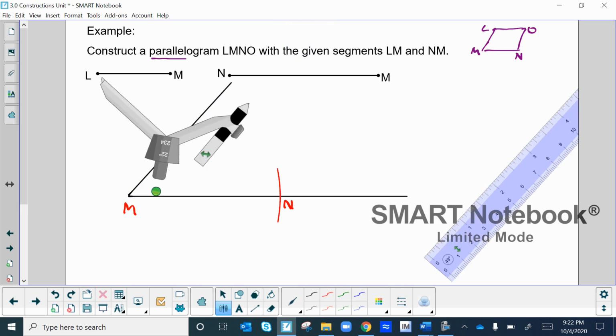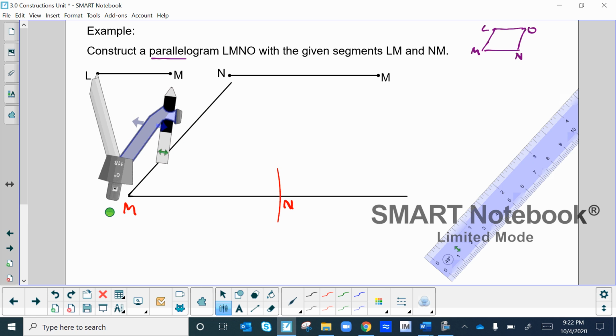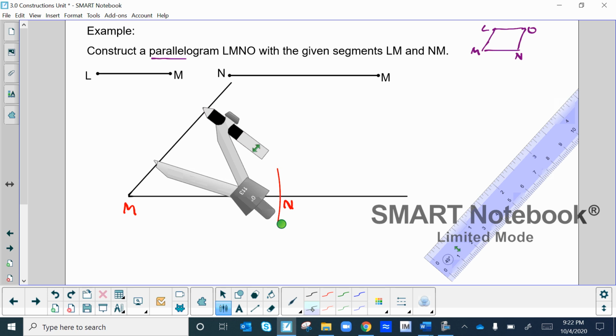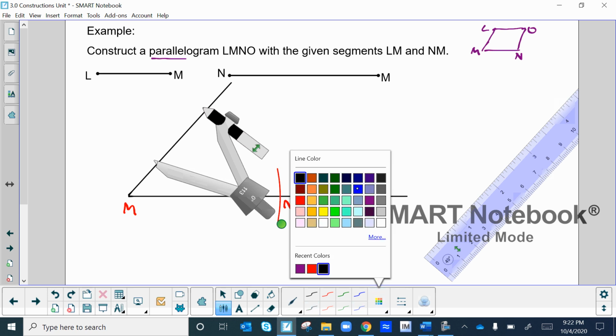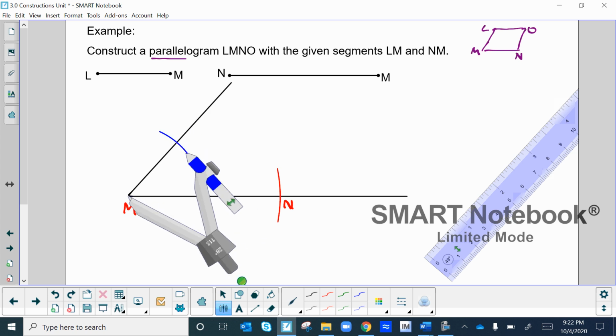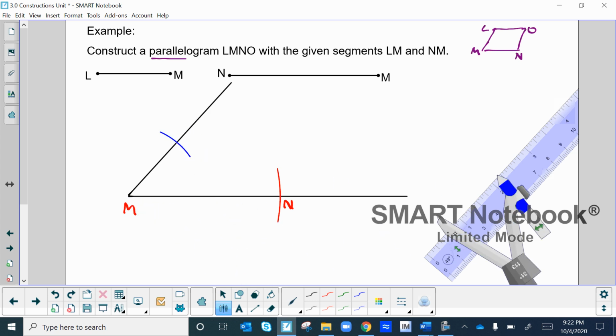And you want that side to be as big as LM, so go measure how big LM is. There we go. So now we're going to place it on M. Get a different color. Point M, and then make an arc. And this will be point L.